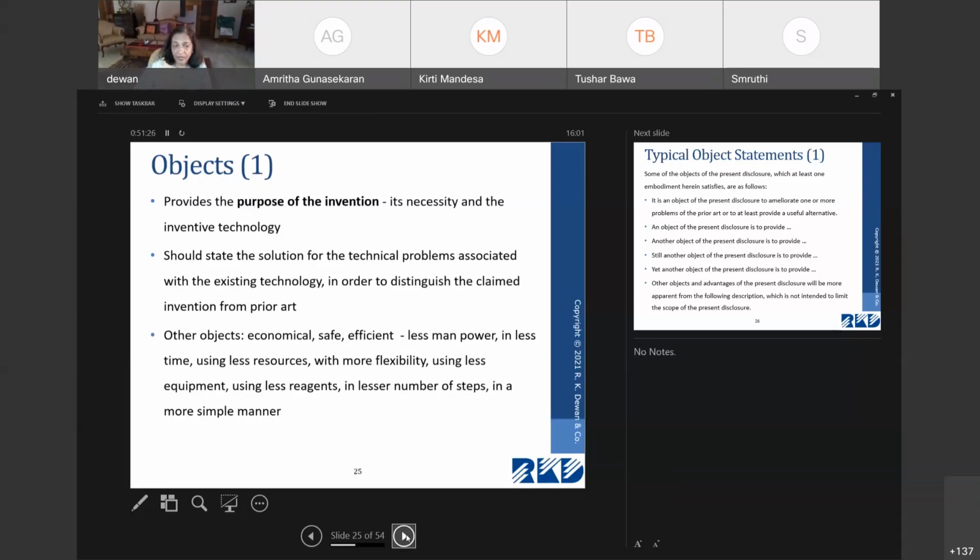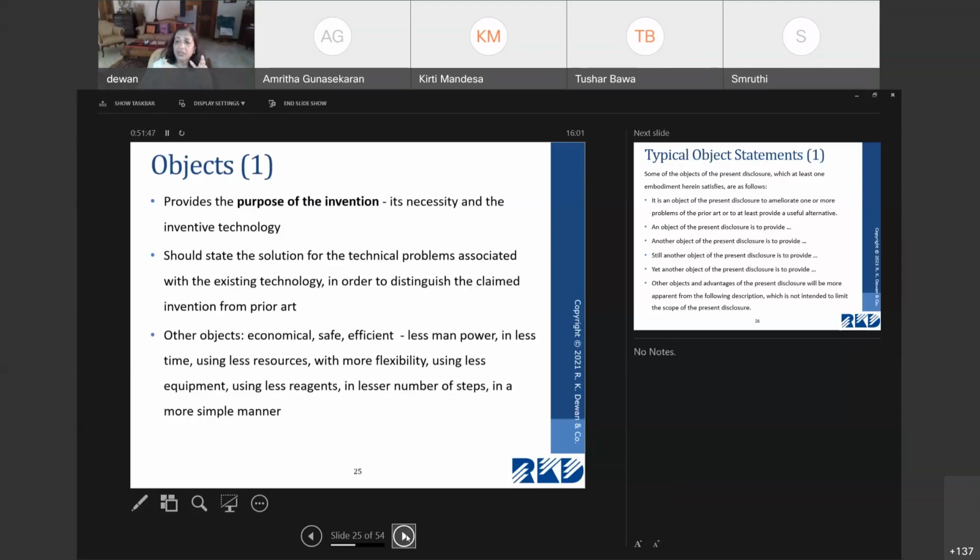When you're writing your objects, make a list of the advantages: what is the purpose of my invention, what is the necessity of it.